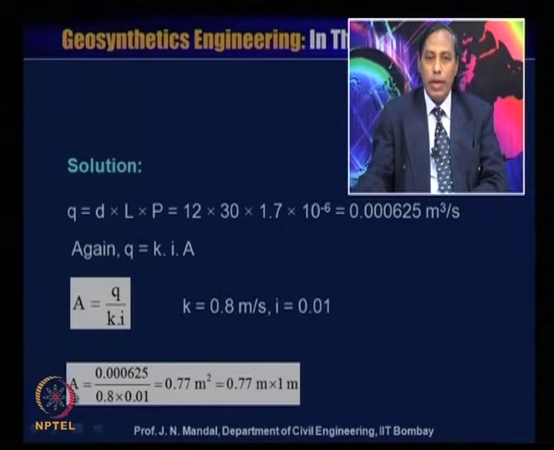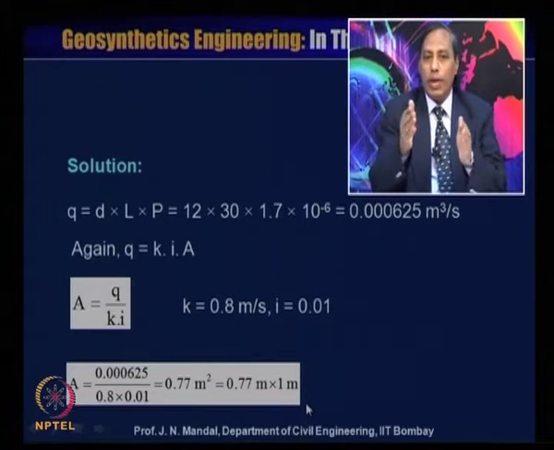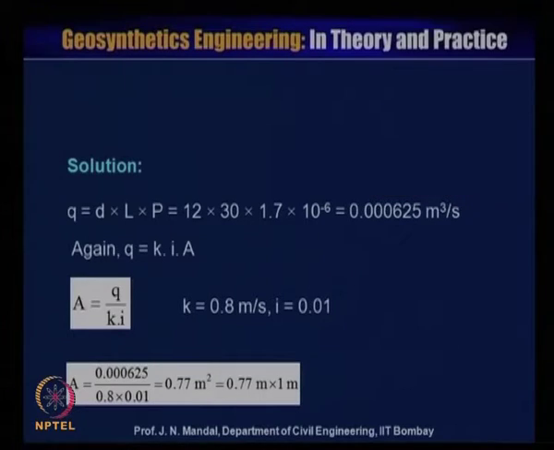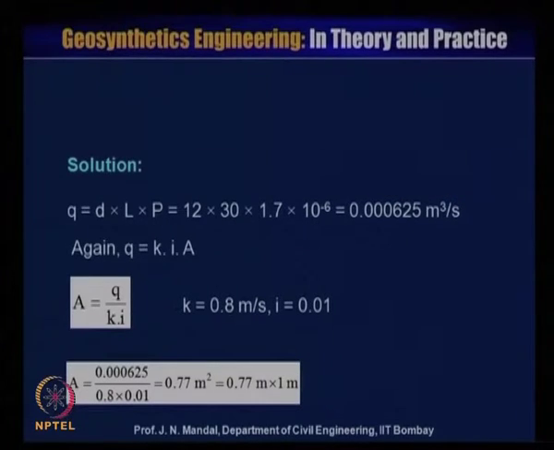A will be equal to Q, that is 0.000625, divided by K, 0.8, into I, 0.01. So, you are having 0.77 meter square. So, you can make the area of the trench 0.77 meter into 1 meter. So, you can find out what will be the trench area, what we are looking for.